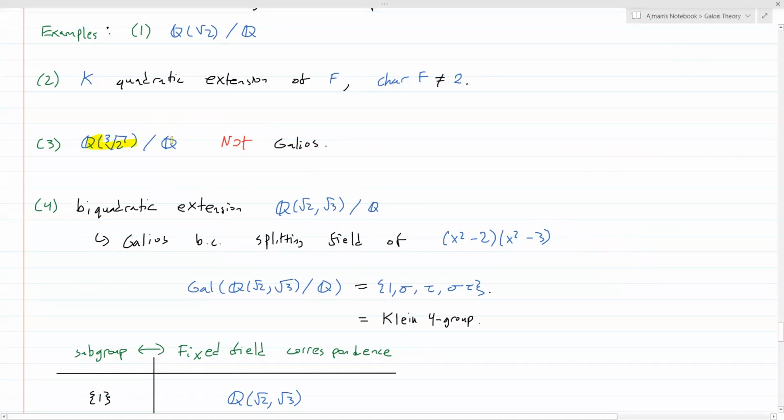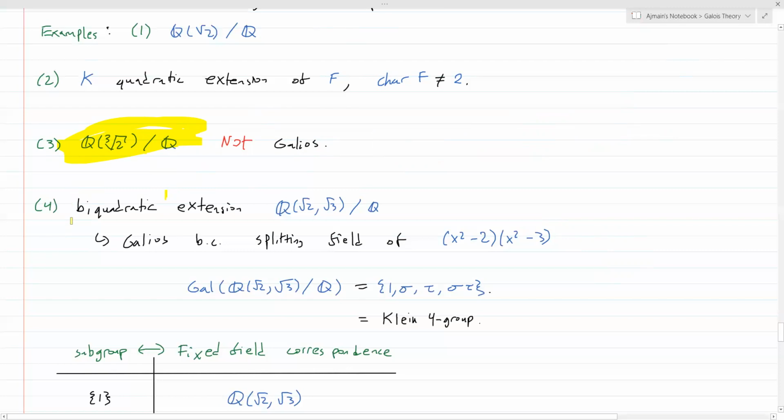So the group of that splitting field would be Z mod 3Z. The generator would be the one that sends cube root of 2 to omega cube root of 2, because if you do this twice, you send it to omega squared cube root of 2. The generator also sends omega to omega. But without having omega, this is not a Galois extension.